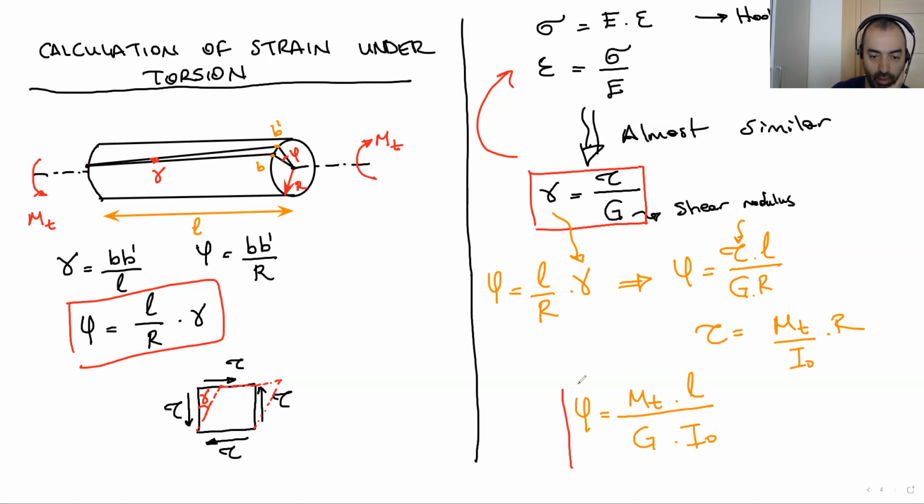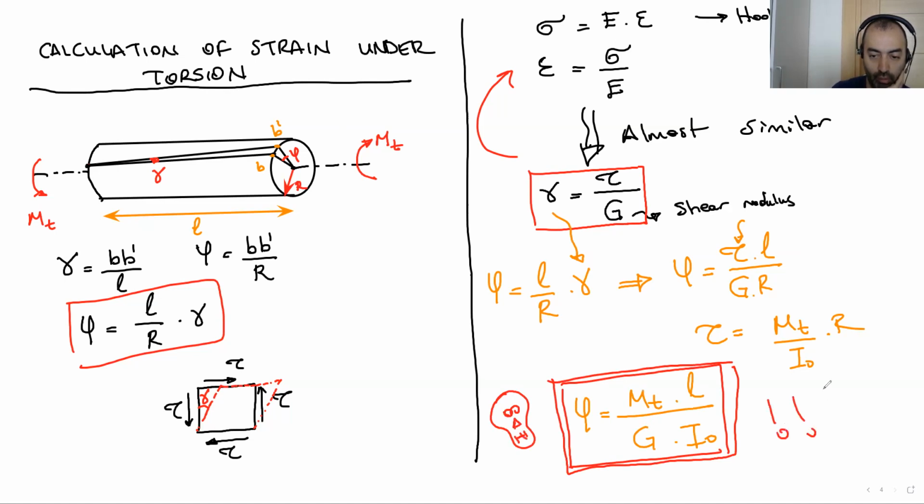This is another important equation that we have to know. We are going to see how we can use these equations. I'm trying to explain where these equations come from. There is a logic behind all of them, and if you take a look at these calculations, it's not complicated.